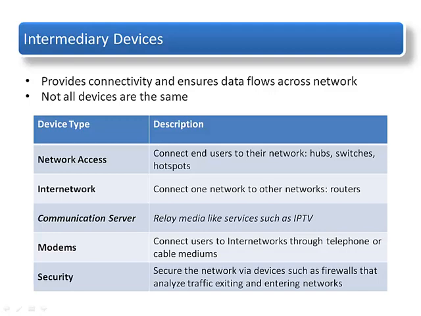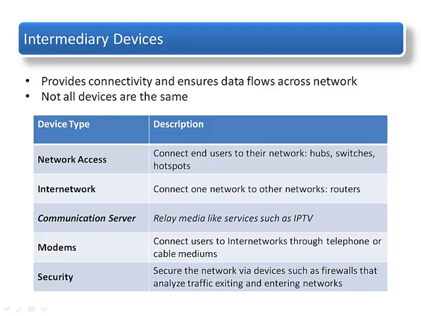Although any device that doesn't place or pull messages on a medium is called an intermediary device, not all intermediary devices are the same. Each offers a unique purpose in the communication process. For example, hubs and switches are used for local connection, whereas routers are used to connect networks together.